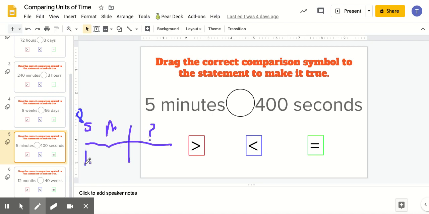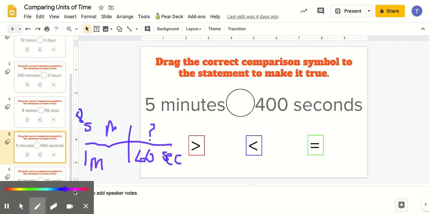You know that 1 minute is equal to 60 seconds. And again, the two numbers that you're working with are across from each other.